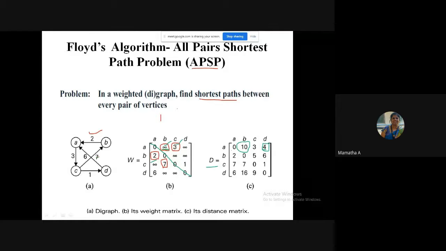Are you all understanding? Check next B to C. I have written 5. B to C, that is the only shortest path. You can see B to A, A to C. Any other path for B to C? I think no. That's the only path, which is of weight 5. Similarly, B to D, which was infinity here, but it is 6 here.